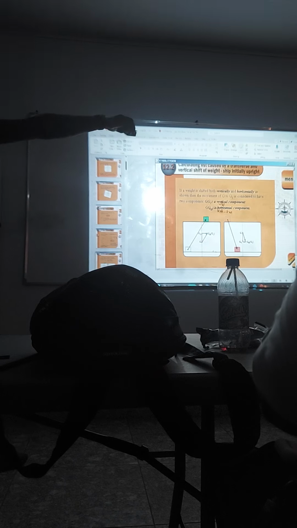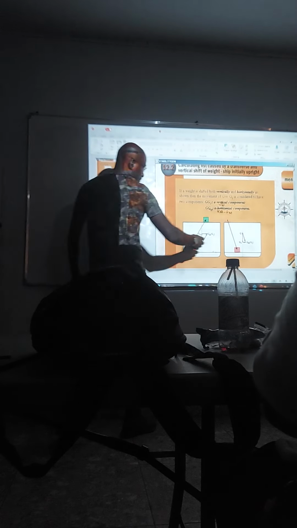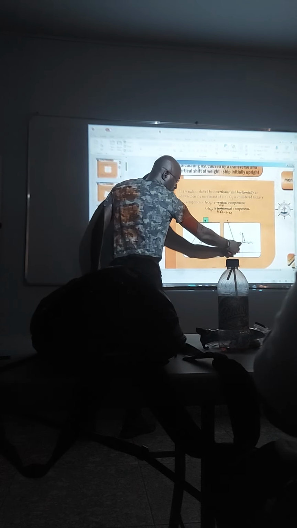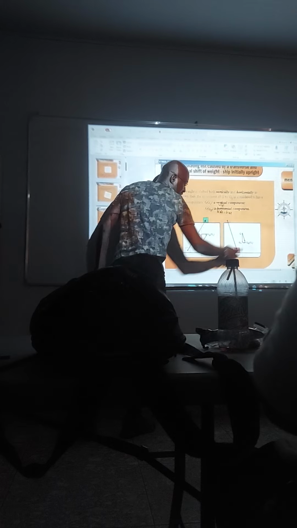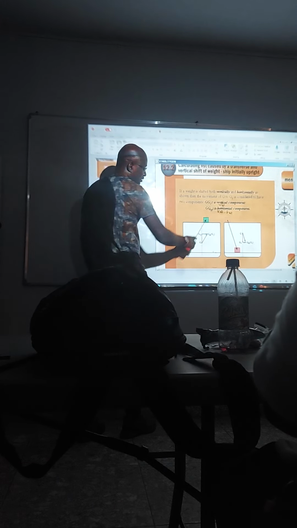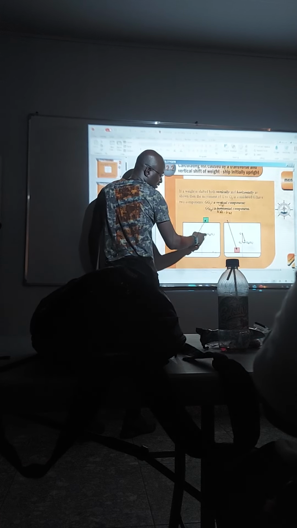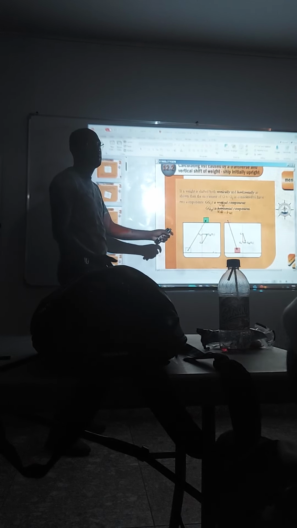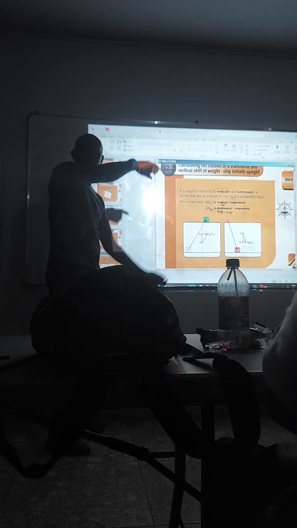Horizontally, in this plane here, and then it would also cause a shift vertically. So that's why they end up with this here. Vertically downward, horizontally across. Horizontally across, vertically upwards.